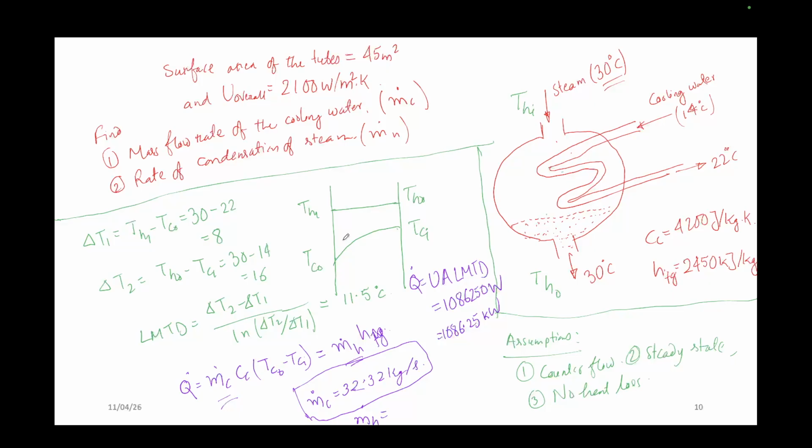And after that you can do the calculation, whatever result comes, maybe that will not match the exact answer, but as your approach is correct you will get 80 to 90% marks. So if it is a 10 mark question, you will definitely get a minimum of 8 marks. Got it?